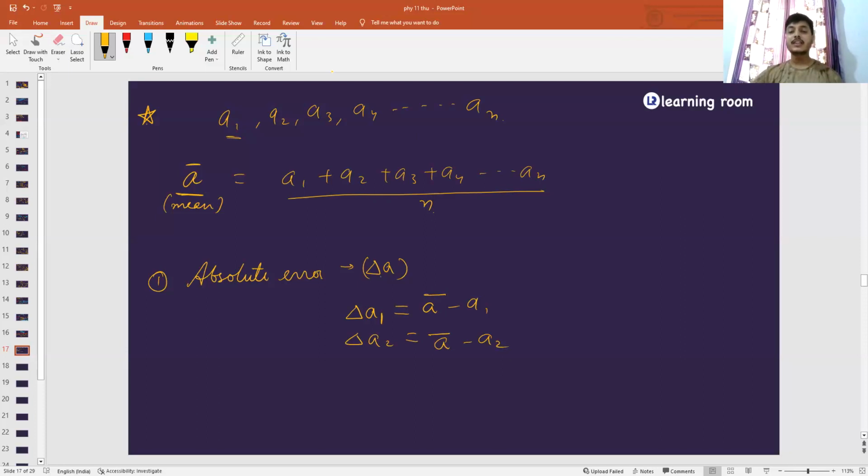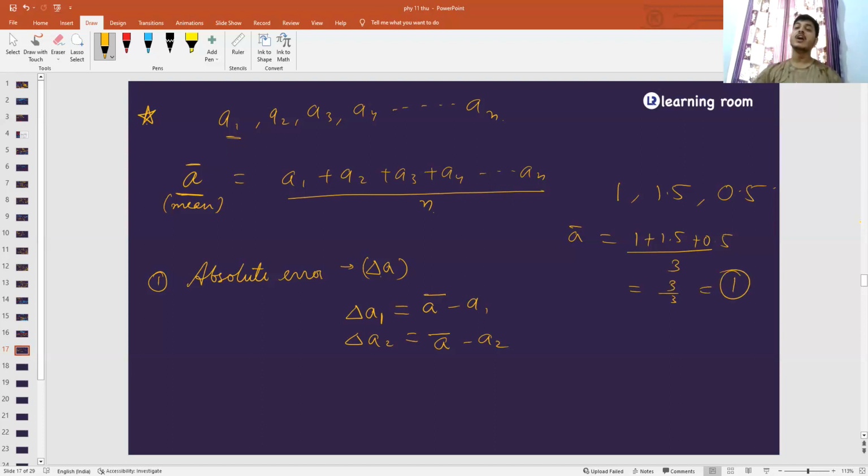For example, I asked 3 students to take a reading, and one took the reading as 1 meter, second took 1.5 meters, third took 0.5 meters. What will be the mean? Mean will be 1 plus 1.5 plus 0.5 divided by 3, that is 3 upon 3, that is 1.